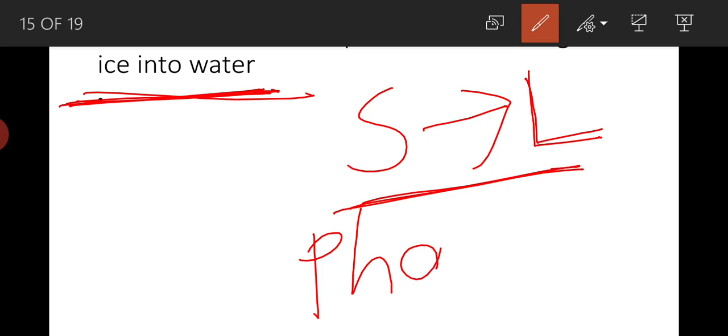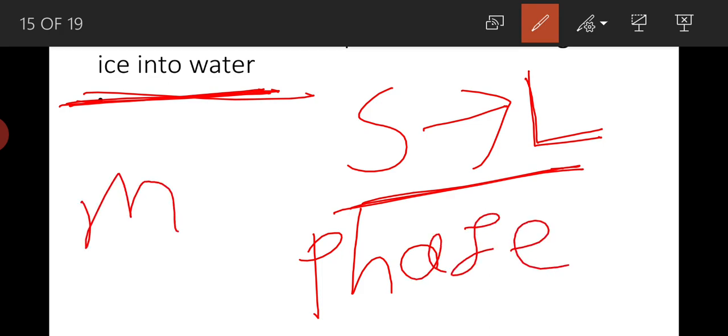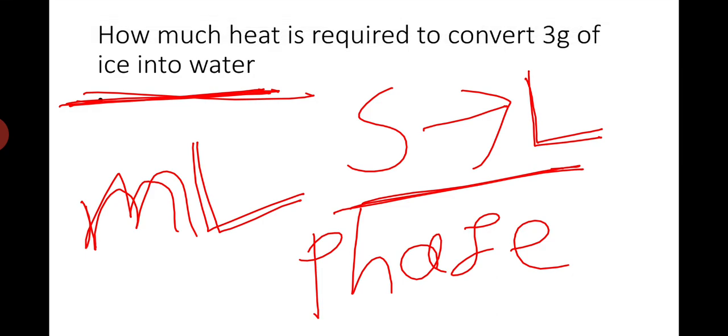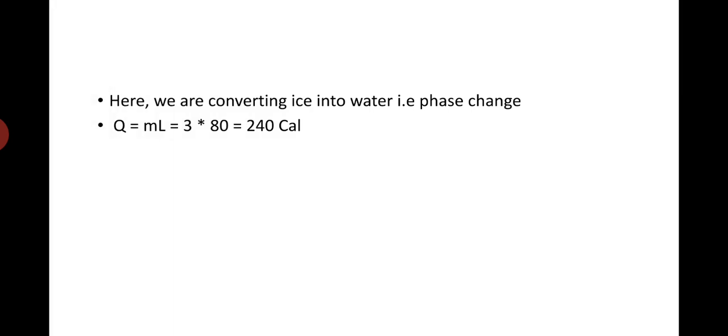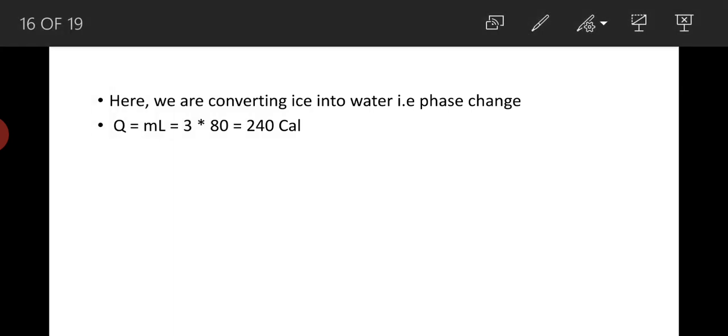Whenever there is a phase change, we need to use the formula Q = mL. Mass is given as 3 grams and the L value for ice is 80 calories per gram. So 3 into 80 is 240 calories.